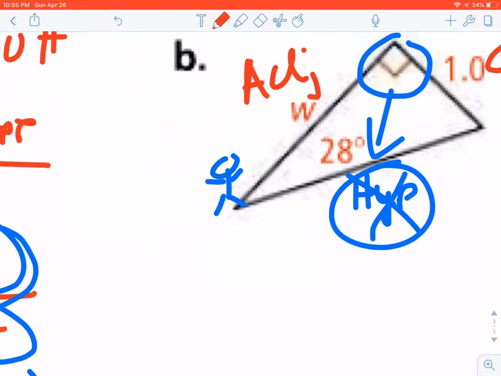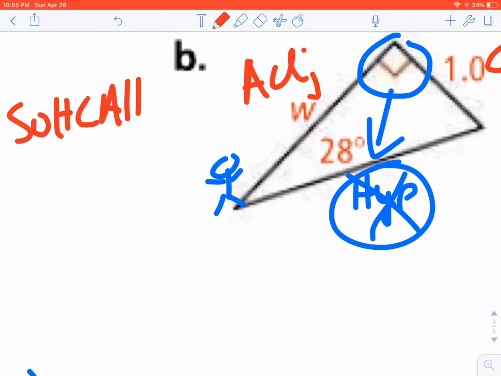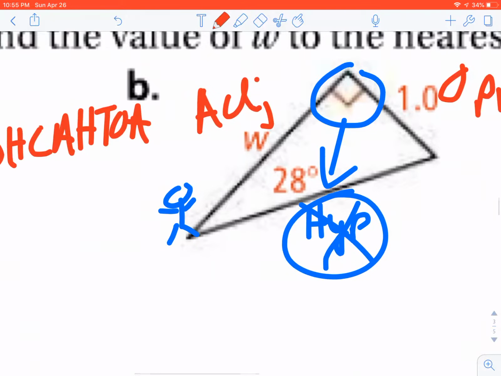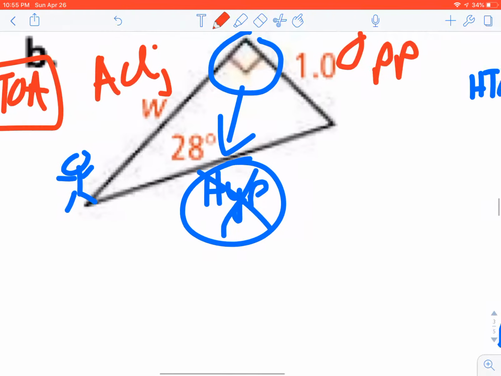So I need to use the trig function that deals with opposite and adjacent. So SOHCAHTOA. The T is TOA.